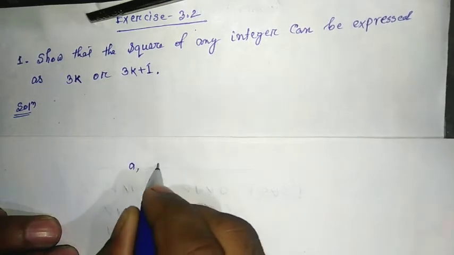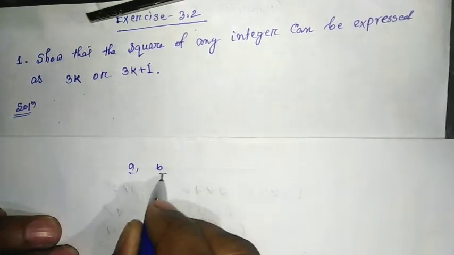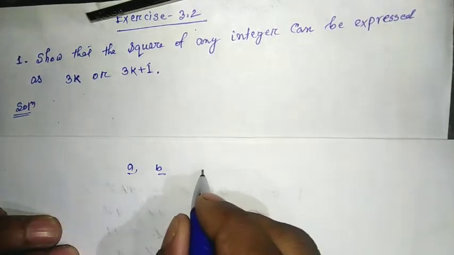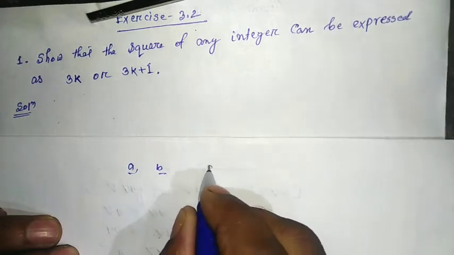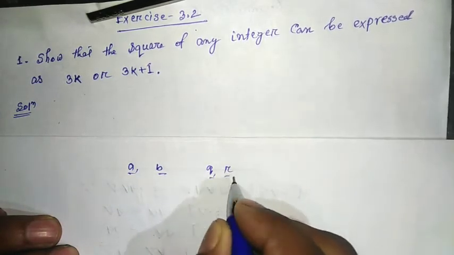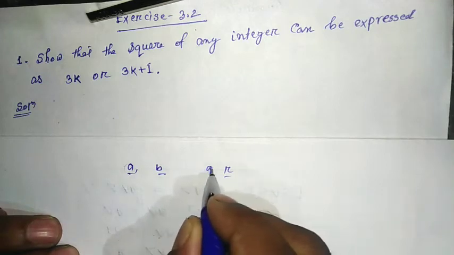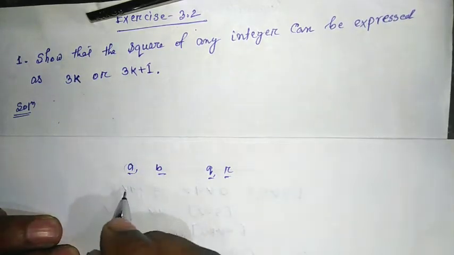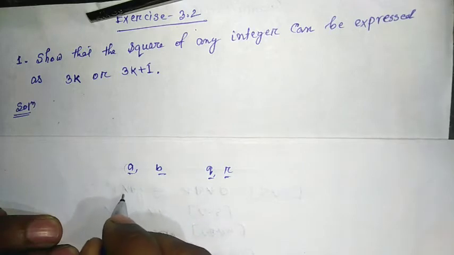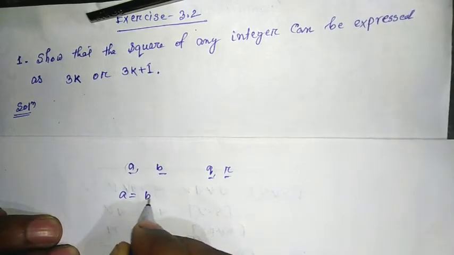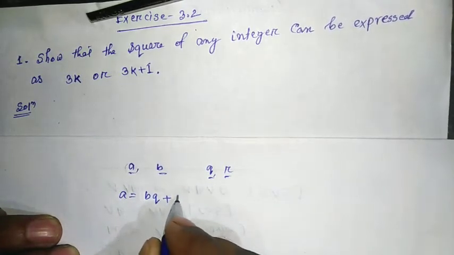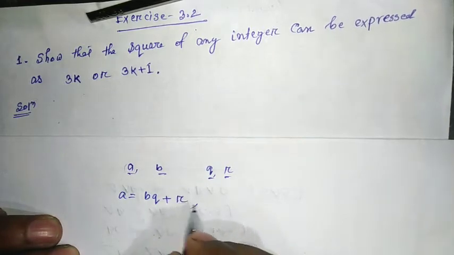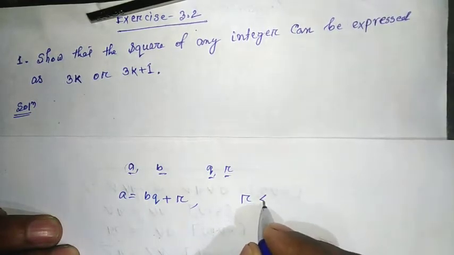If a and b are two integers, then there exist two more integers q and r such that a is equal to b into q plus r, where r is greater than or equal to 0 and less than b.